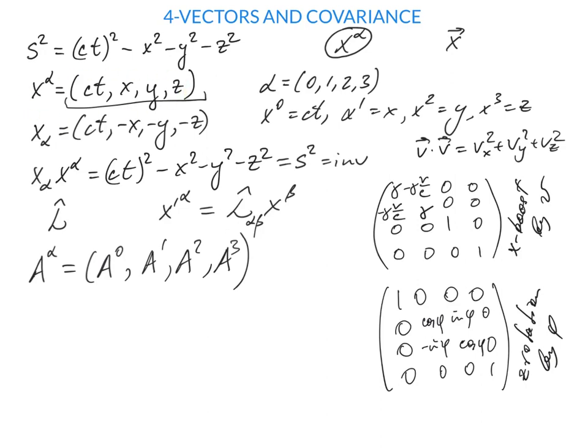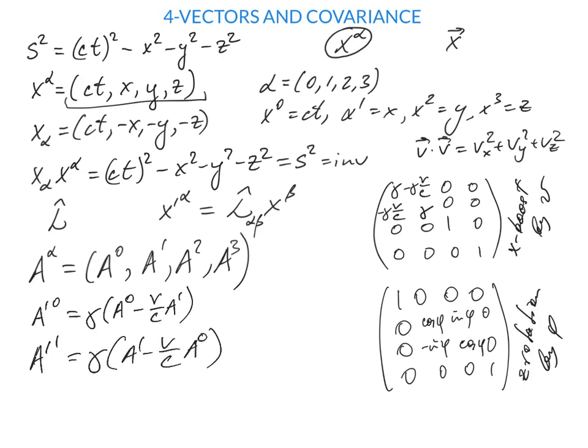So, for example, for this kind of boost in the x direction, the components of a prime will look like a prime 0 equals gamma a0 minus v over c a1, a prime 1 equals gamma a1 minus v over c a0, and then nothing happens to the y and z components.